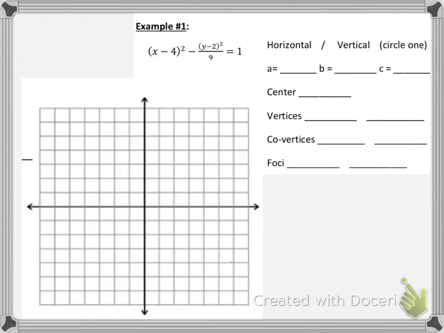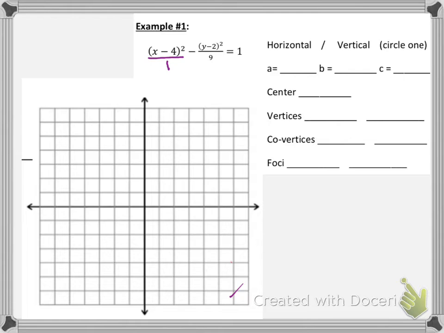So here's our problem: (x minus 4) squared minus (y minus 2) all squared over 9 equals 1. Finding a squared is the first thing we want to do, and remember, a squared is always the first denominator value. Right here is my denominator. It's invisible, so that is understood to be a number 1, so I will rewrite it like this, over 1.